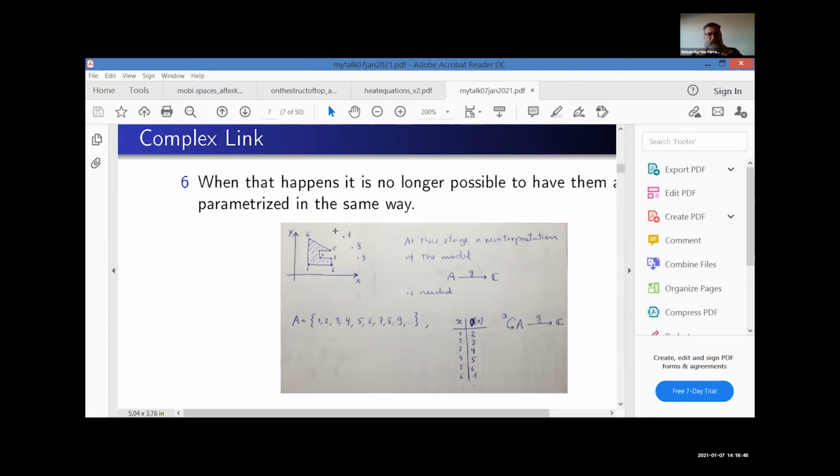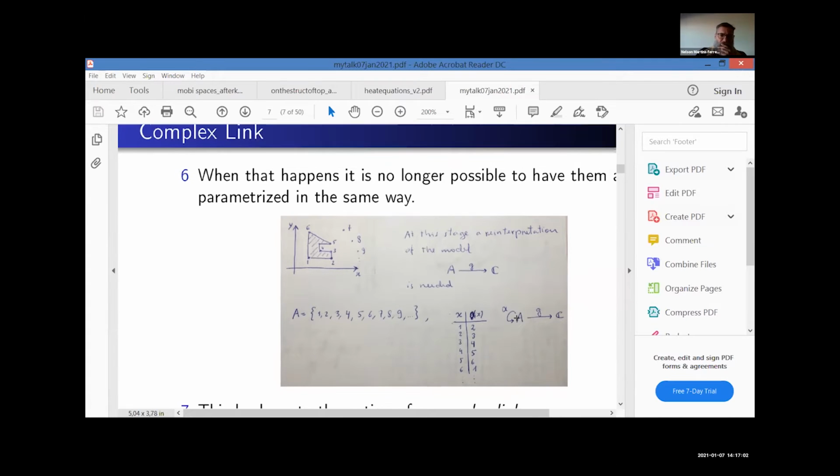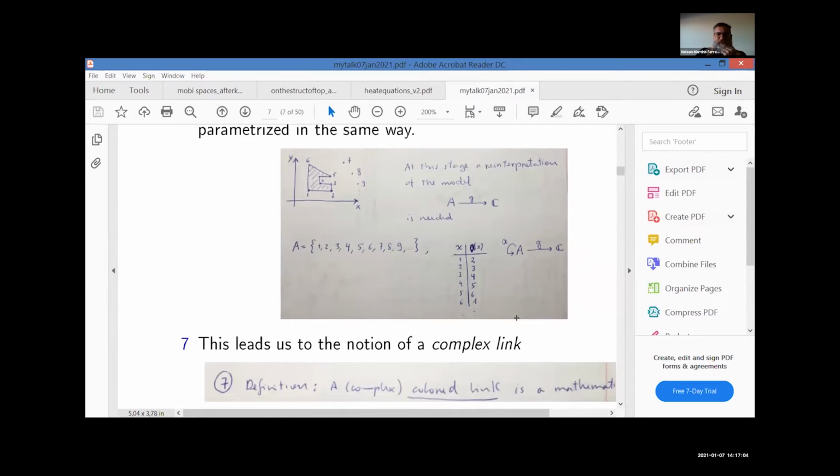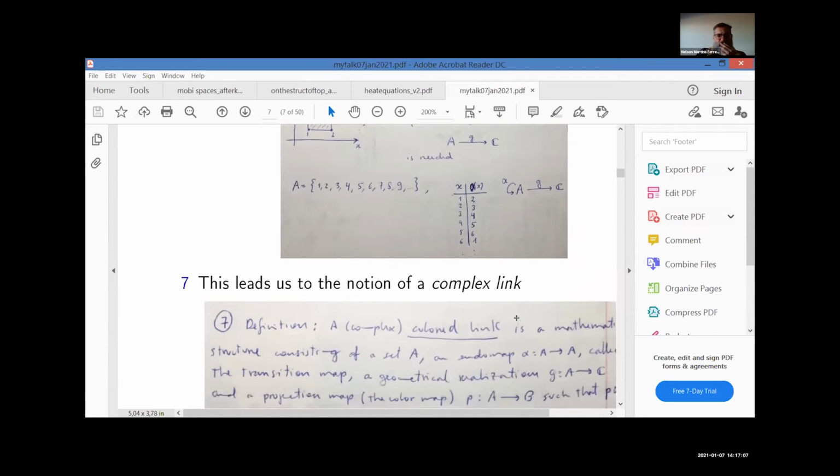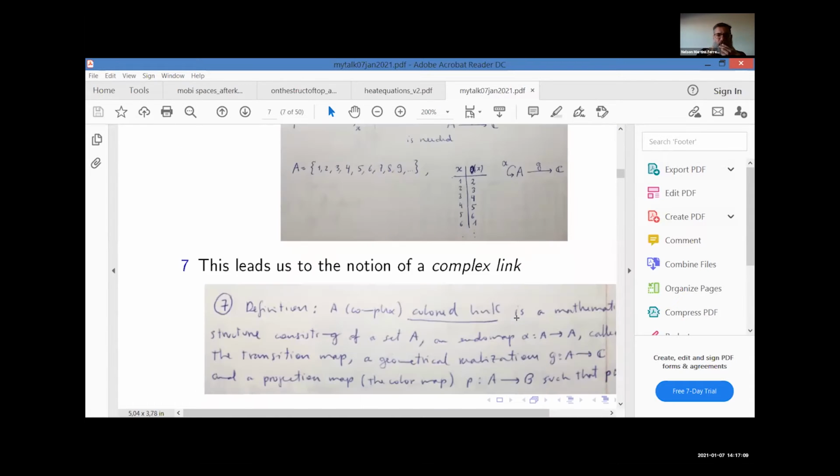All right. So now, because we can have more points and more connections between them, we can have this as a connected component, and then other connected components, and they are all described by this same model. All right. So this leads us to the definition of a complex link.